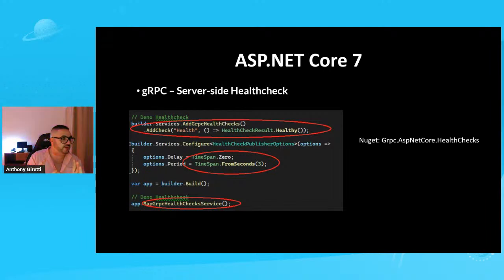I will show it to you in the client, because the client will receive only changes. So every 3 seconds, if the status changes, it will push the new status. If the status doesn't change, it won't push anything.